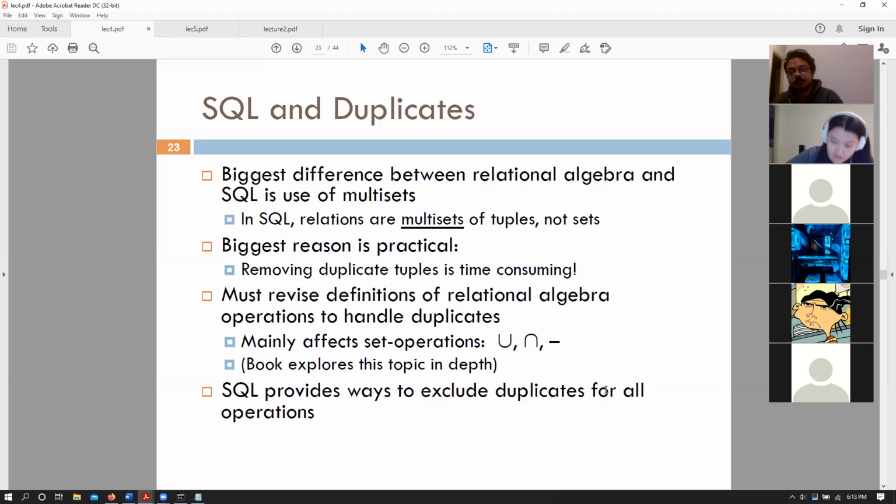Let's look at some examples. Now, the biggest difference between relational algebra and SQL is the use of multisets. SQL basically uses multisets and does not use sets. That means that there are duplicates in your system.